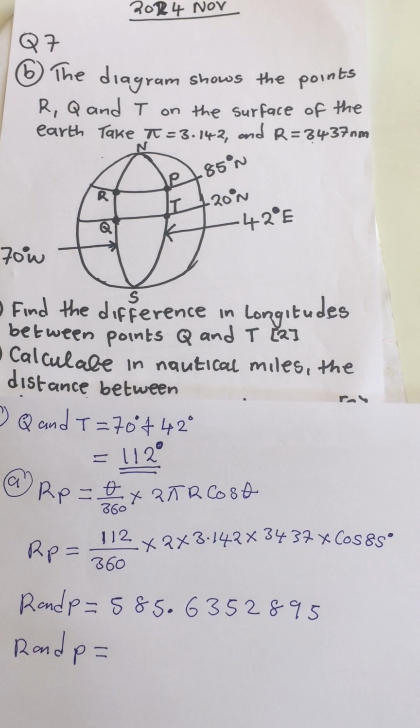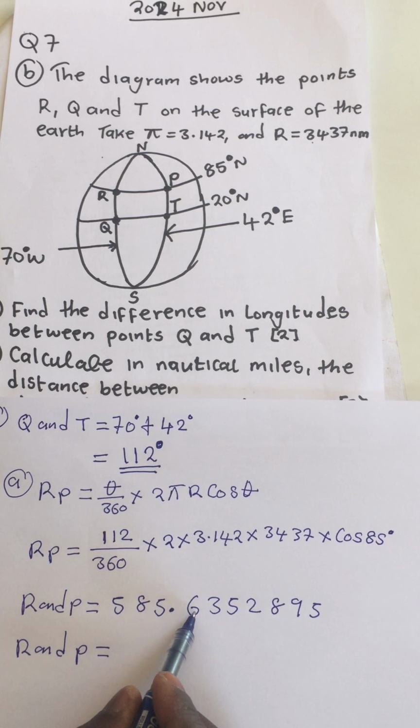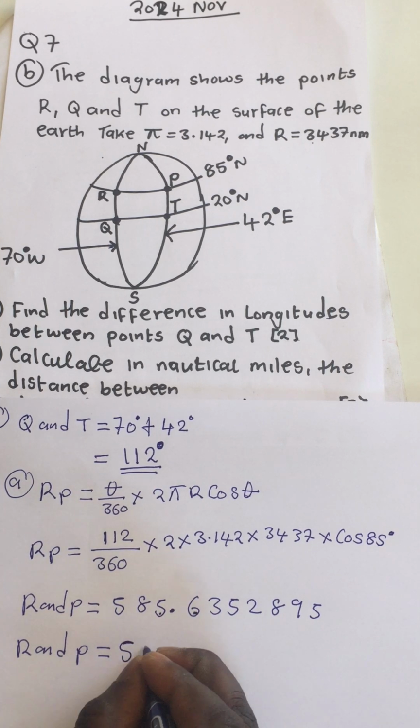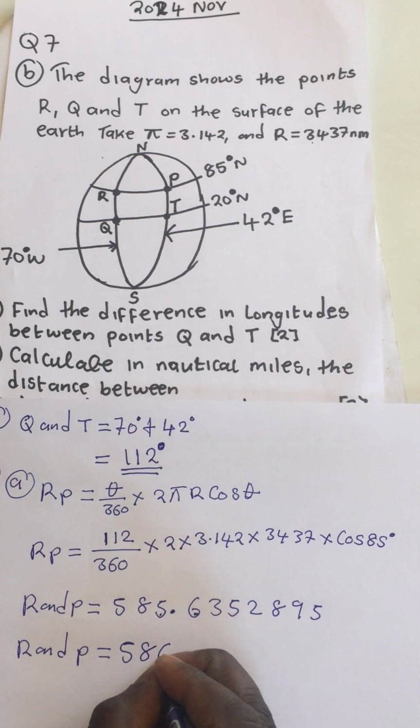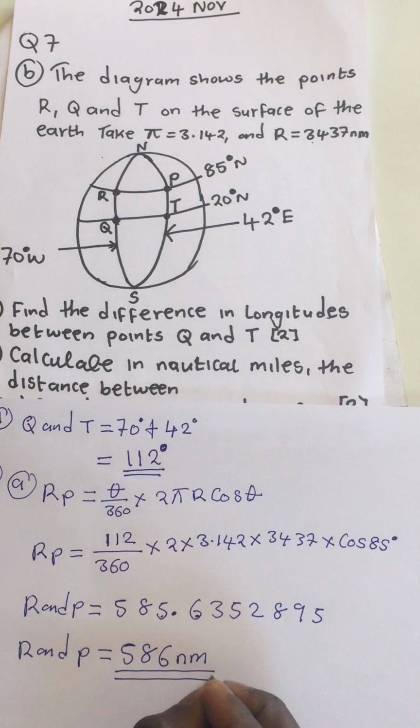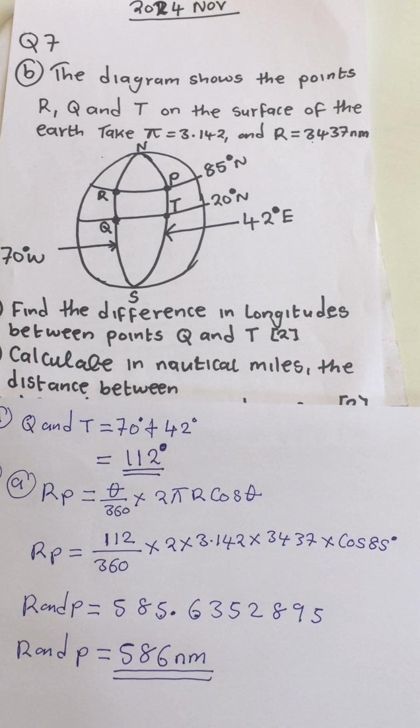The question says leave your answer to 3 significant figures. You check, you get 1 from 6, you give to 5. So it will be 586 nm, which is nautical miles. So you are done for this one.